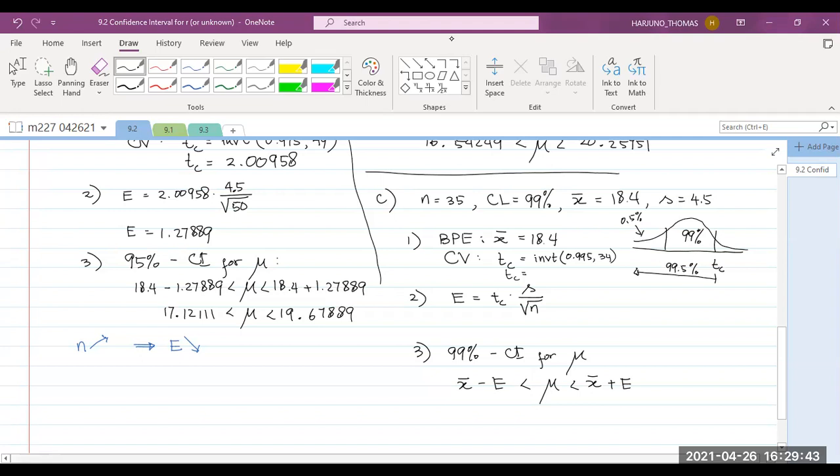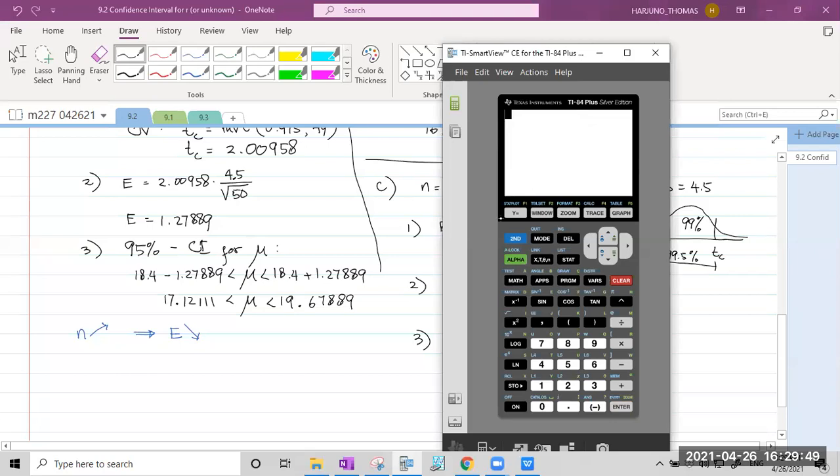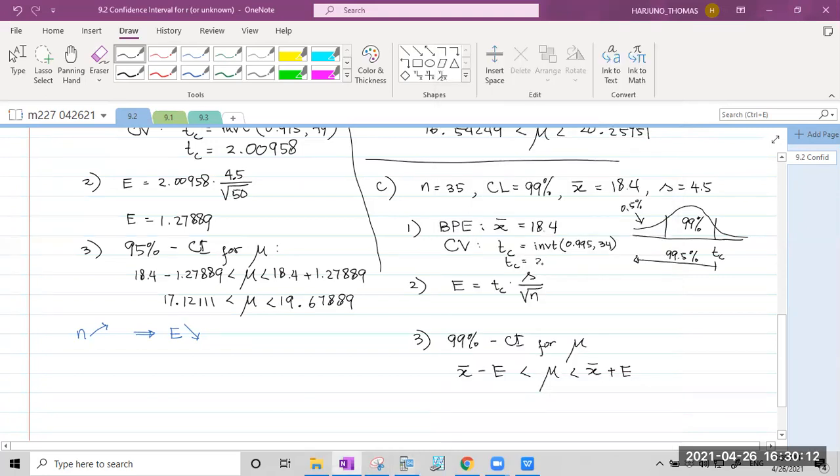Then we use our calculator. That's inverse T of 0.995, that's the area to the left, while degree of freedom is 34. 2.7283904.